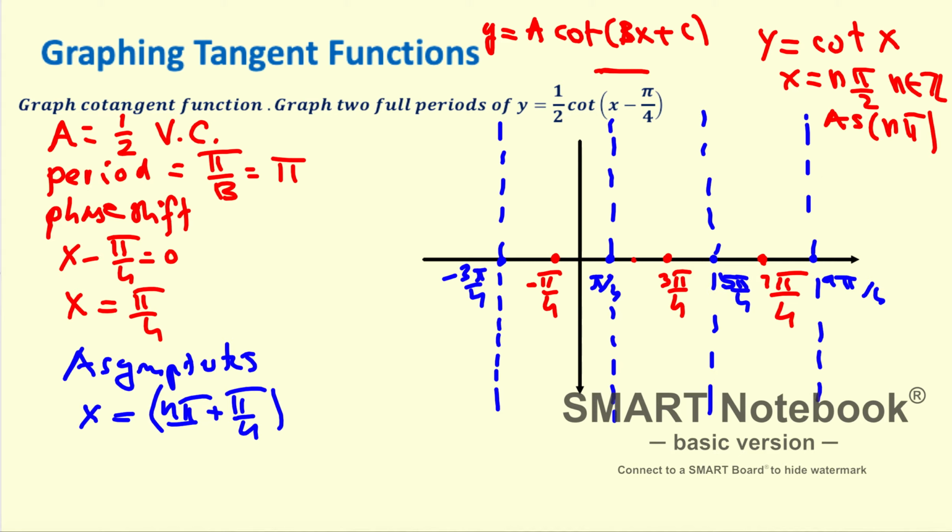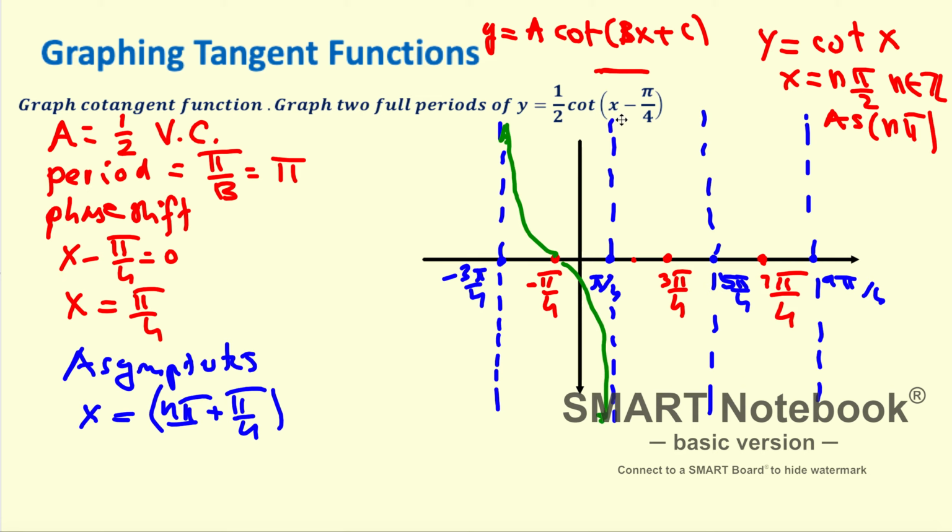Now if we want to graph the function, let me use a different color, maybe green. The graph is going to go from here, down through this position, so the form is approximately this way.